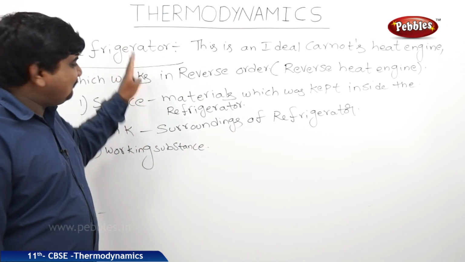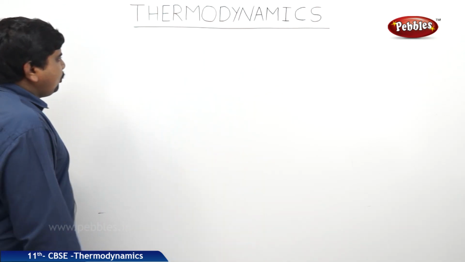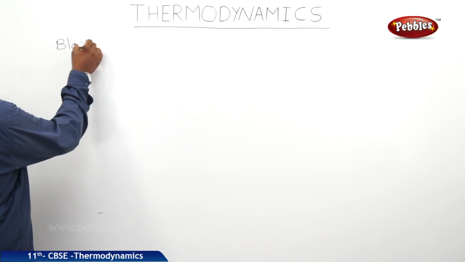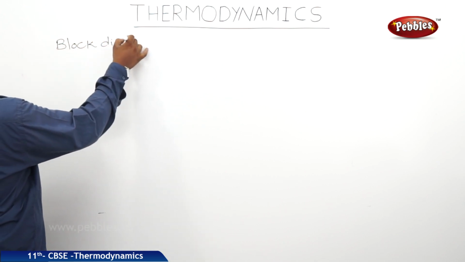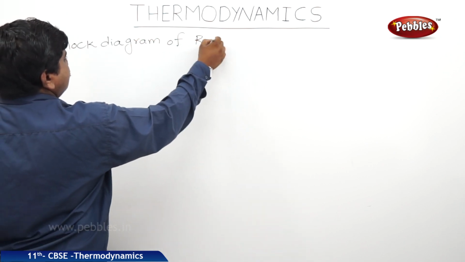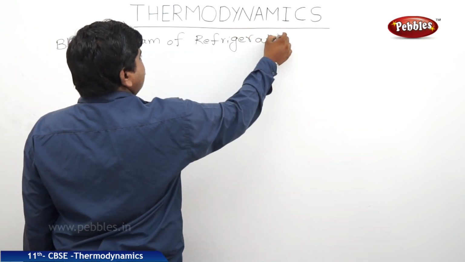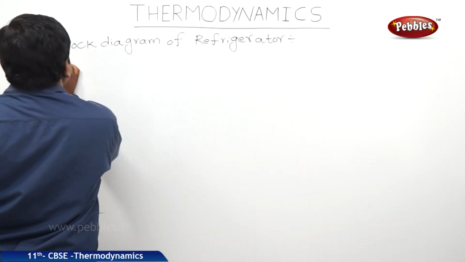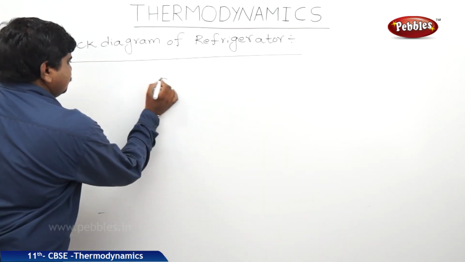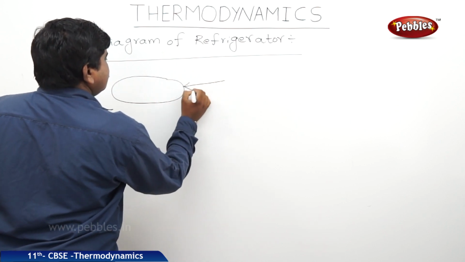Now we will discuss the functioning and working of this refrigerator. Now we will see the block diagram of the refrigerator. This is the working substance, Q2.